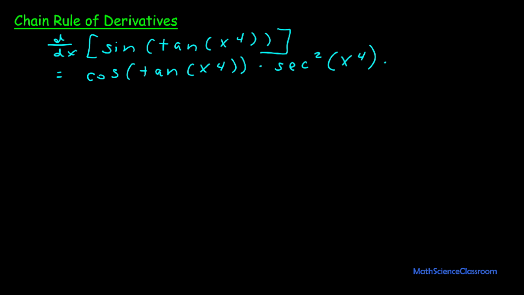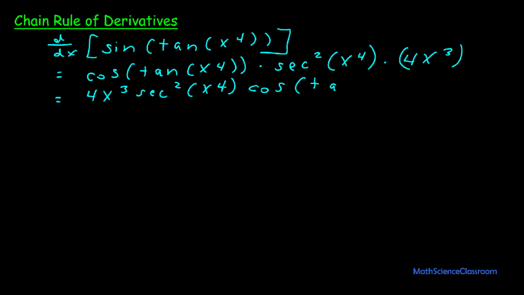And now the derivative of the most inner function, which is 4x to the 3rd, equals 4x cubed secant squared x to the fourth cosine tangent x to the fourth, and that's our final answer.